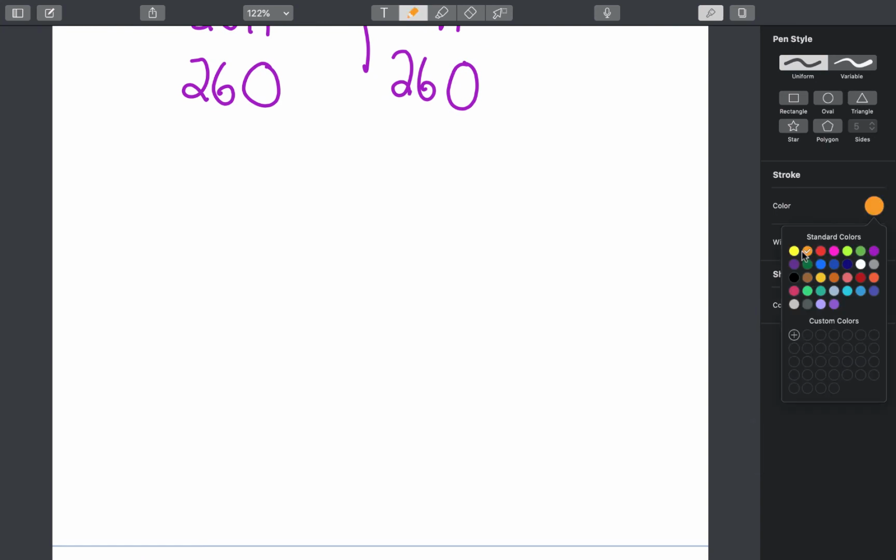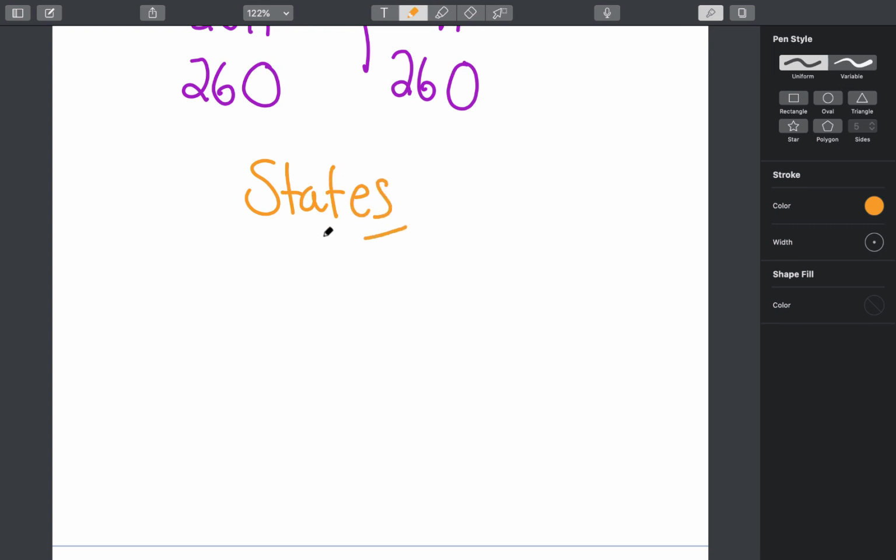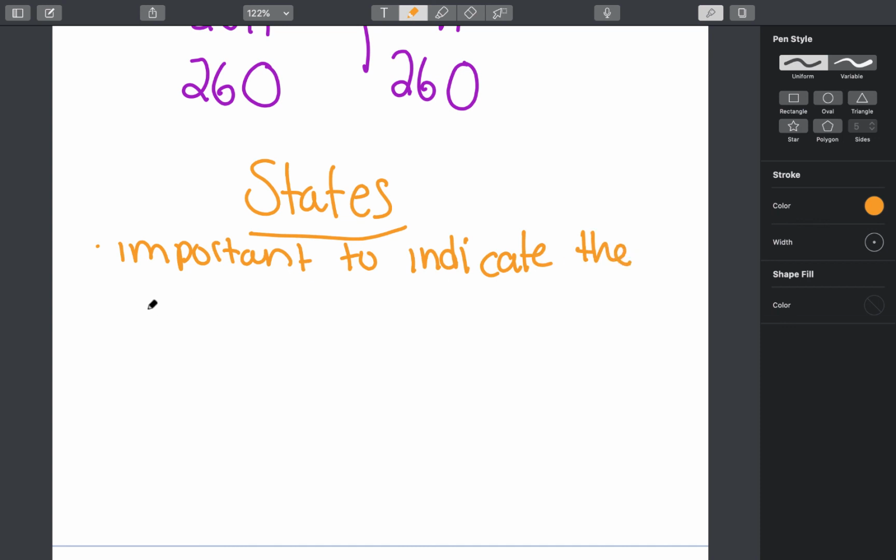All right, so one last topic for today. It's going to take 2 seconds. So the first, I want to talk about states. So it's important to indicate the states of the reactants and products.